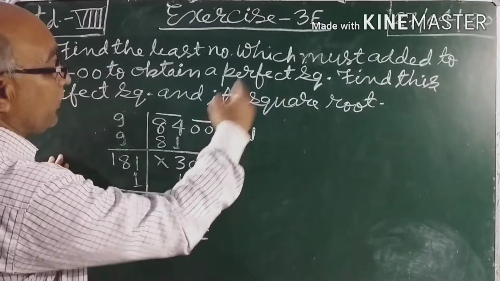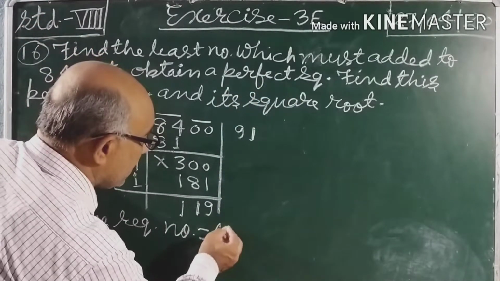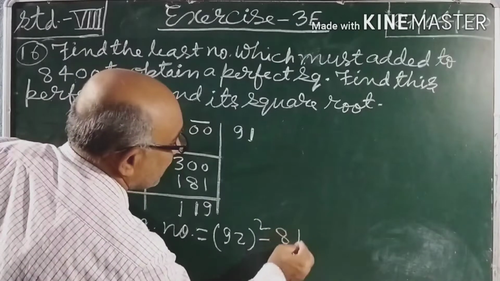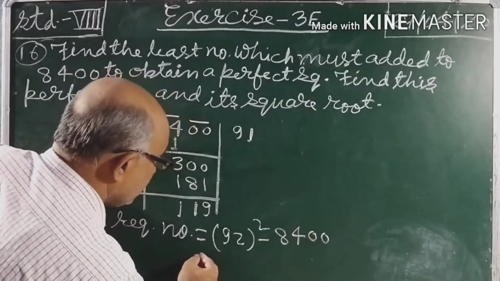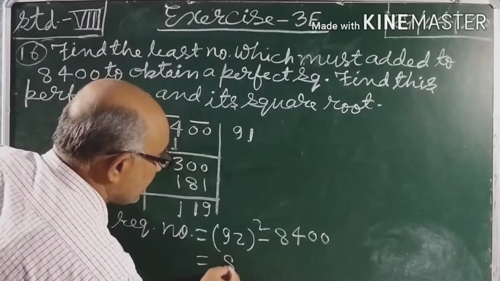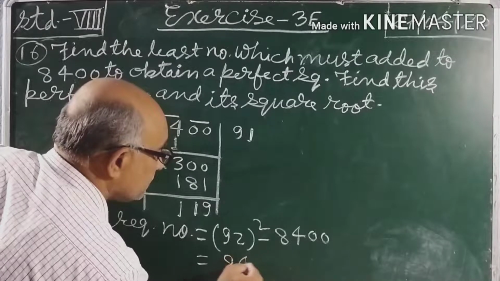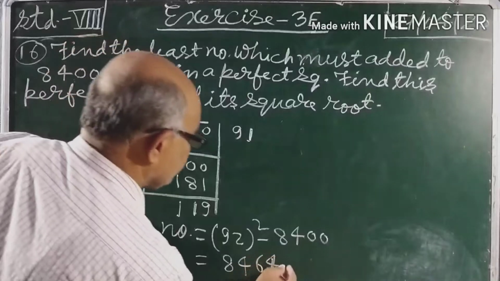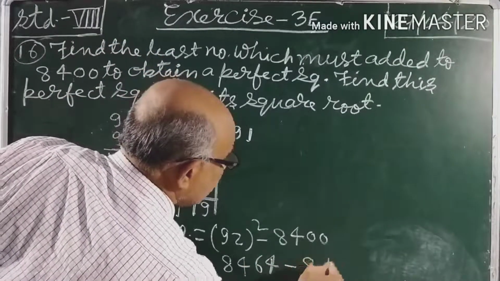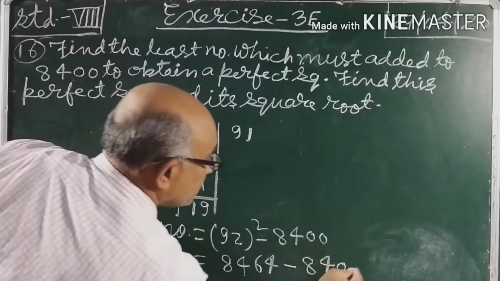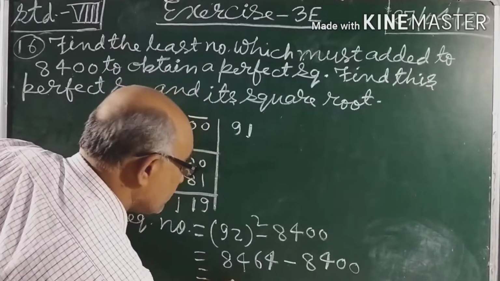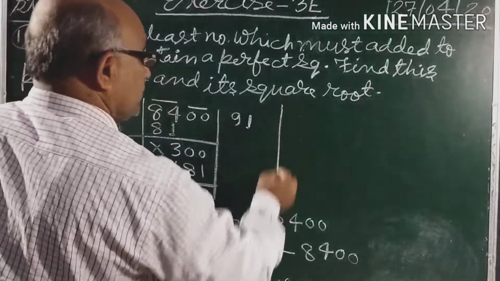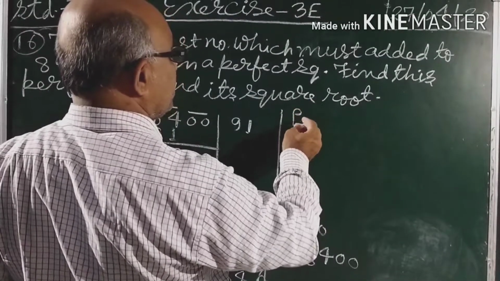So 91 plus 1, that means 92 squared, minus 8400. 92 squared means 8464, minus 8400 is equal to 64. One answer. Now here, the perfect square.